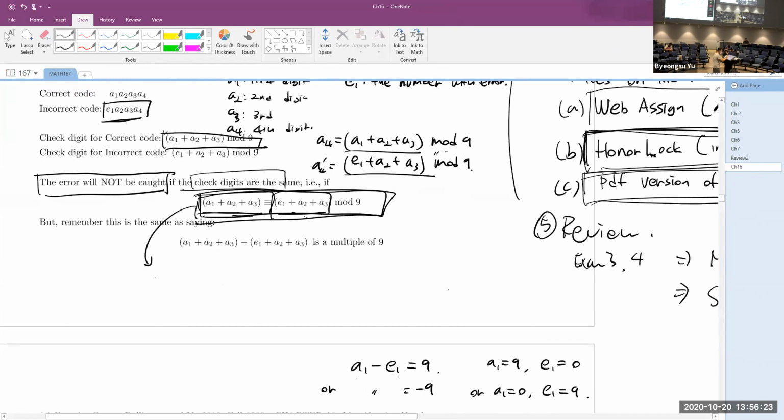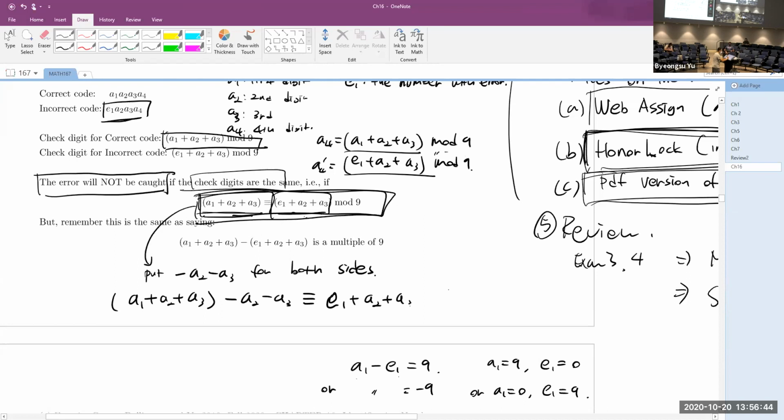Here I just put negative A2, negative A3 on both sides to get A1 plus A2 plus A3 minus A2 minus A3 is congruent with E1 plus A2 plus A3 minus A2 minus A3 mod 9.